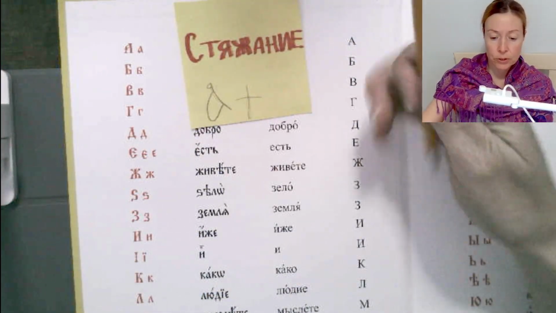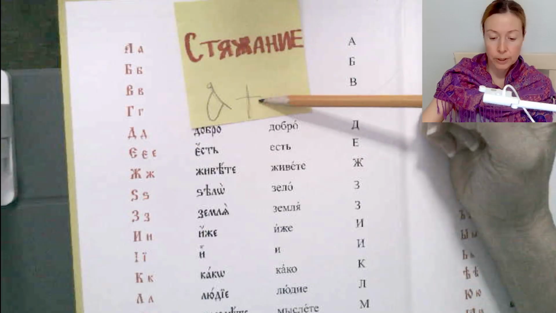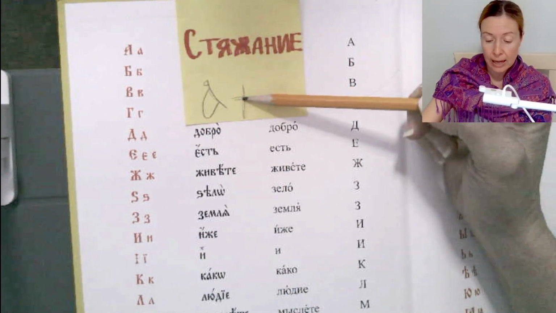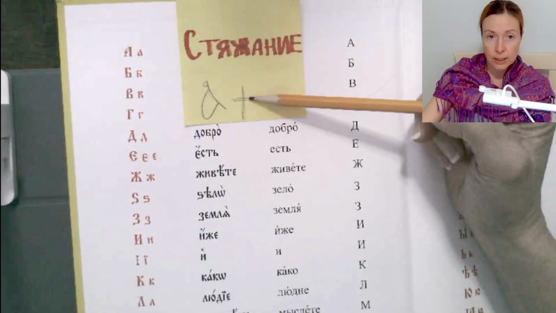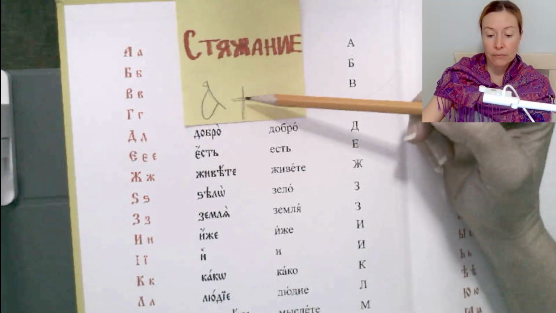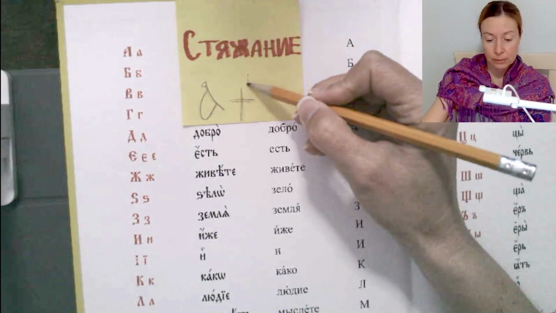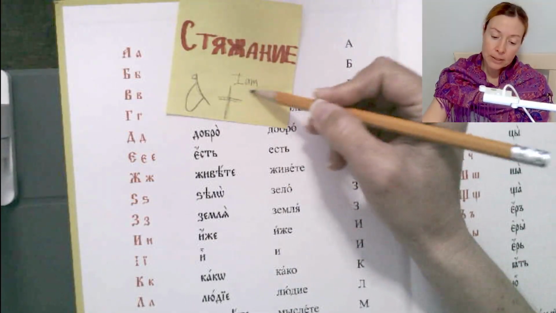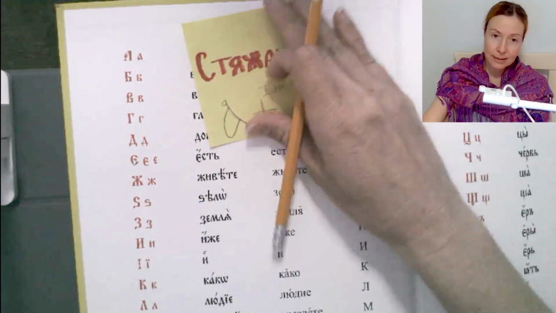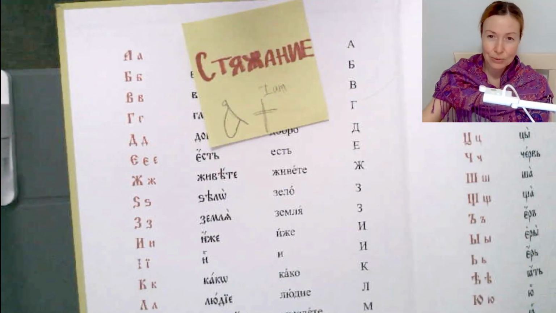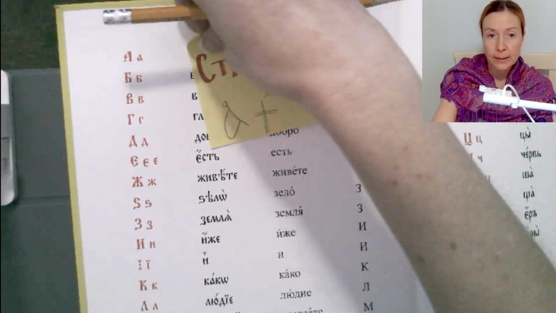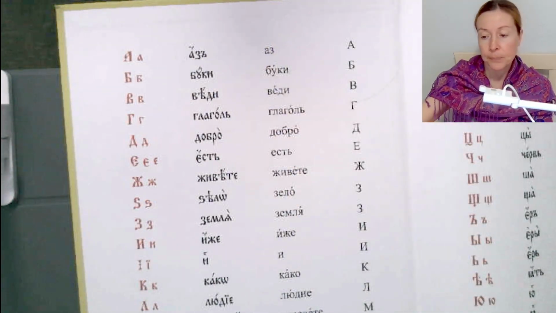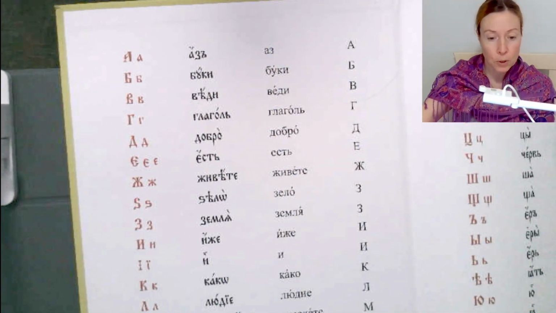So you have this cross for the form of the letter Az. You have the cross, and then you have the meaning of it: I am. I'm just writing M so that you'll get the meaning, I as I am. So that's how symbolic it was.